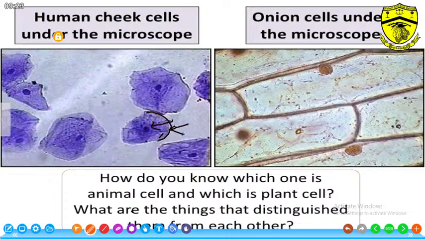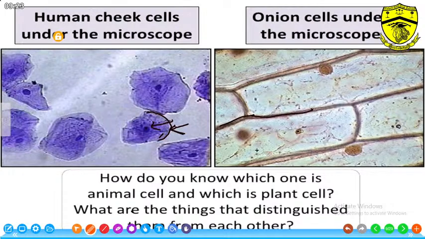The outermost layer is the plasma membrane. In the onion cell, there is the presence of cell wall, and also the nucleus, and this is also cytoplasm, and this one, yeah, the vacuole is also present.